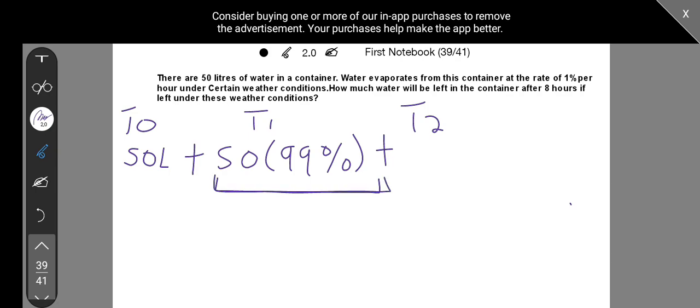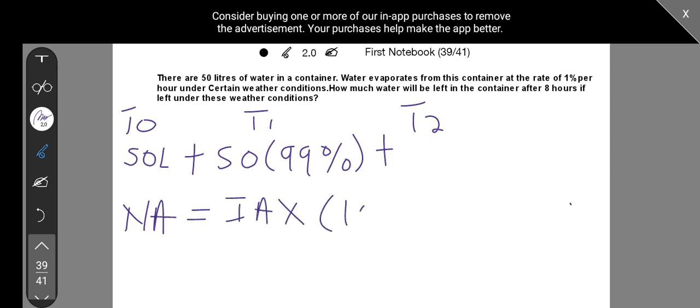We want to know how much will be left after the second hour, assuming the initial amount was the previous term. So the new amount is equal to the initial amount multiplied by 100% minus the percentage decrease.